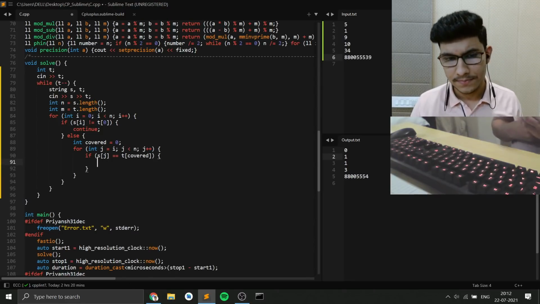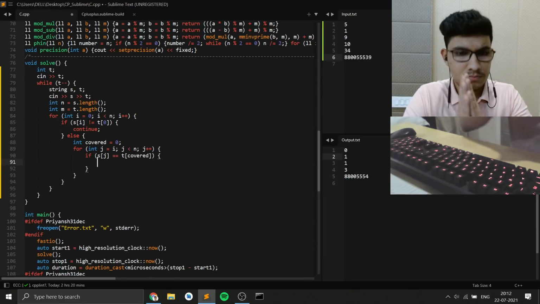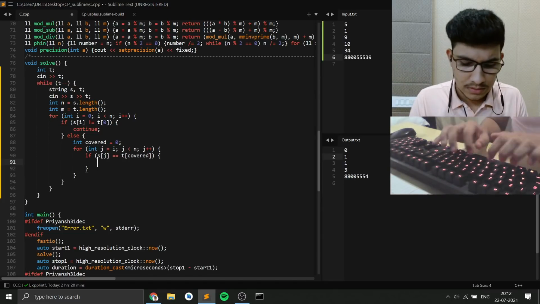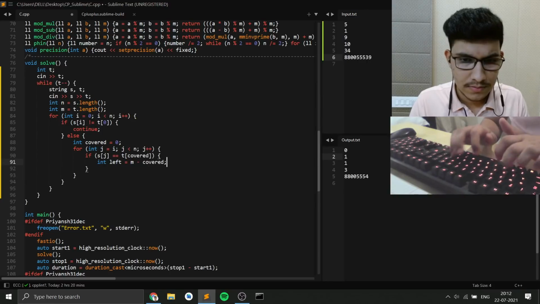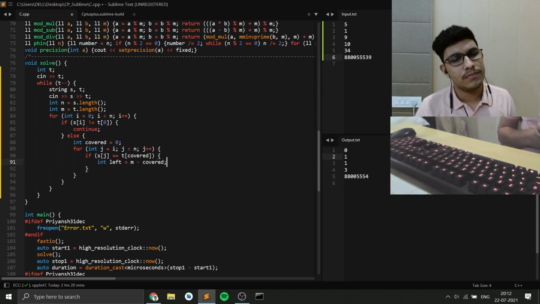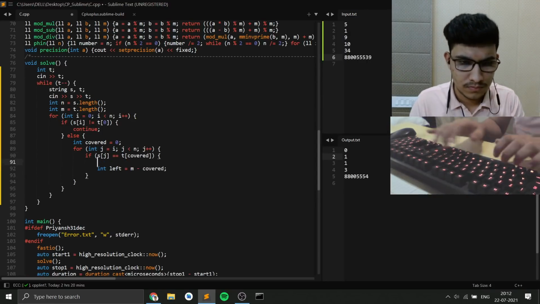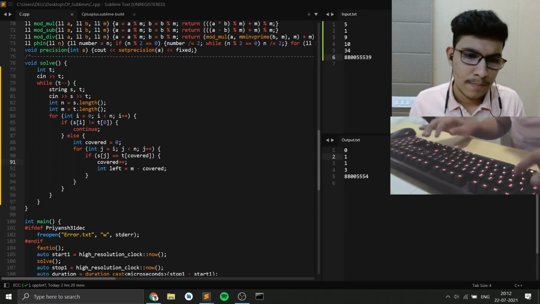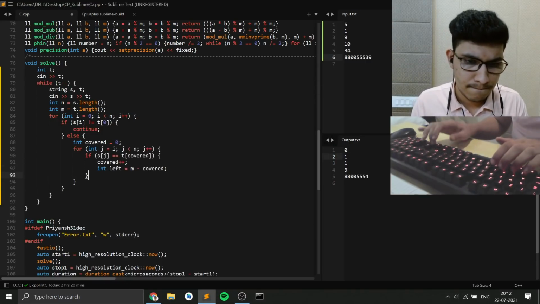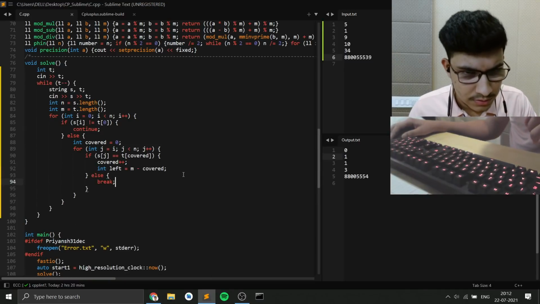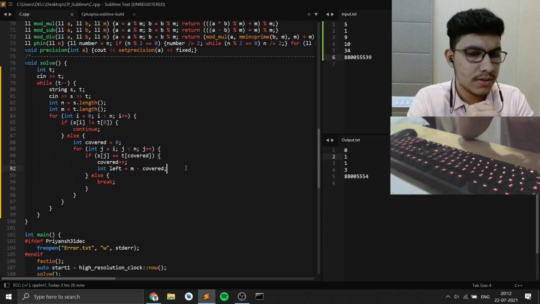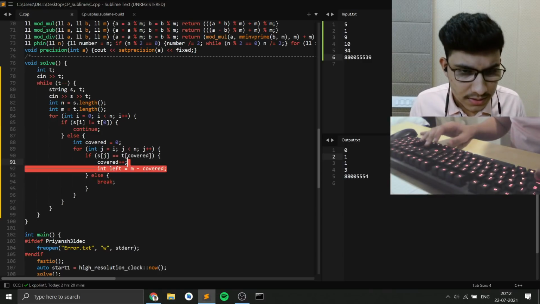If this is the case, int left equals m minus covered. Else we just break because we cannot go further here. So we do covered plus plus, and these are the elements that are remaining.